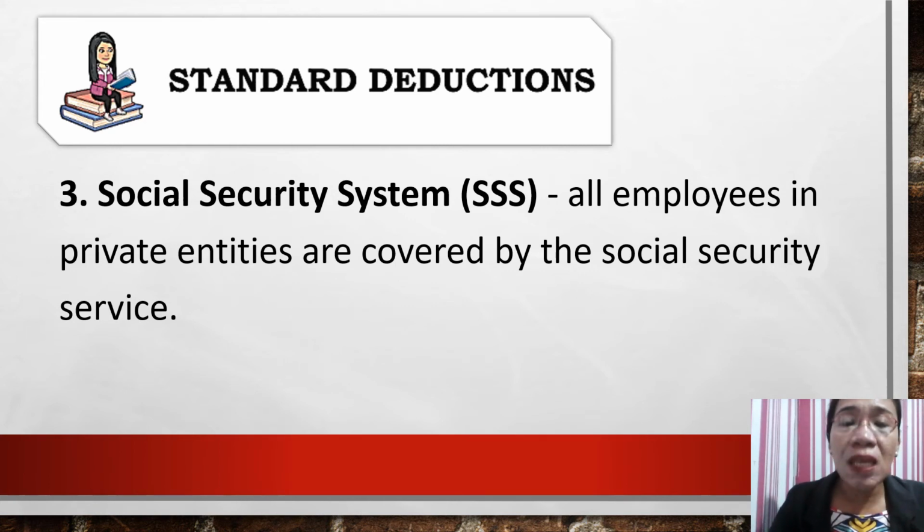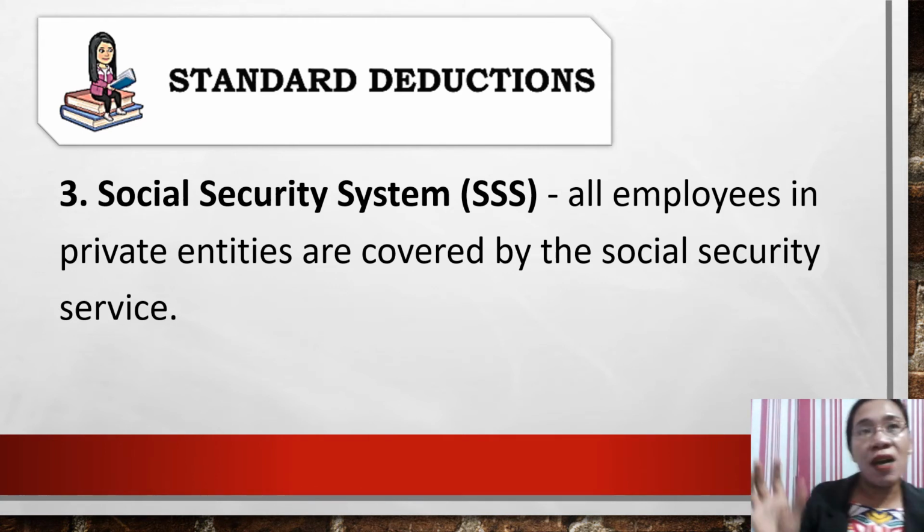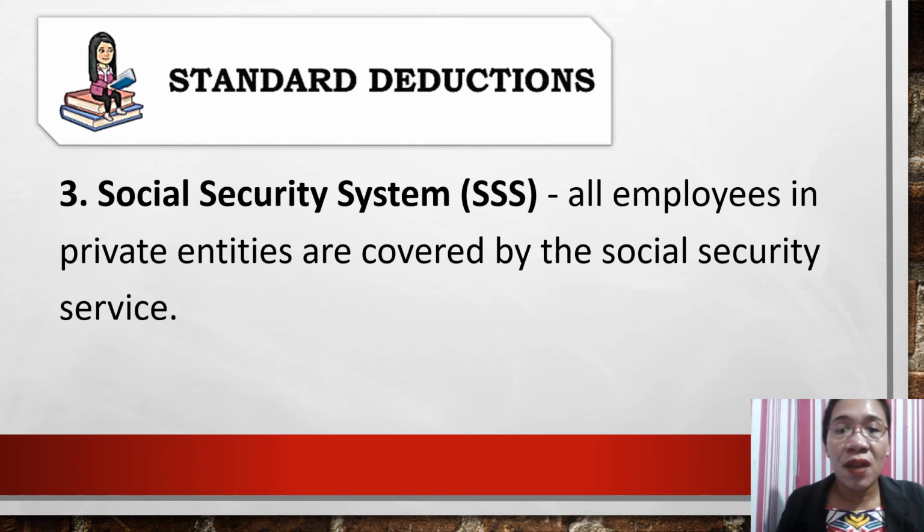Meaning, if an employee has a monthly salary credit of 10,000 example natin, the monthly contribution of the employee is 400 pesos, which is being deducted to the payslip, while the other 800 is shouldered by the employer. So, yung amo, yung may-ari ng kumpanya, yun yung magbabayad ng 8% para sa SSS mo.